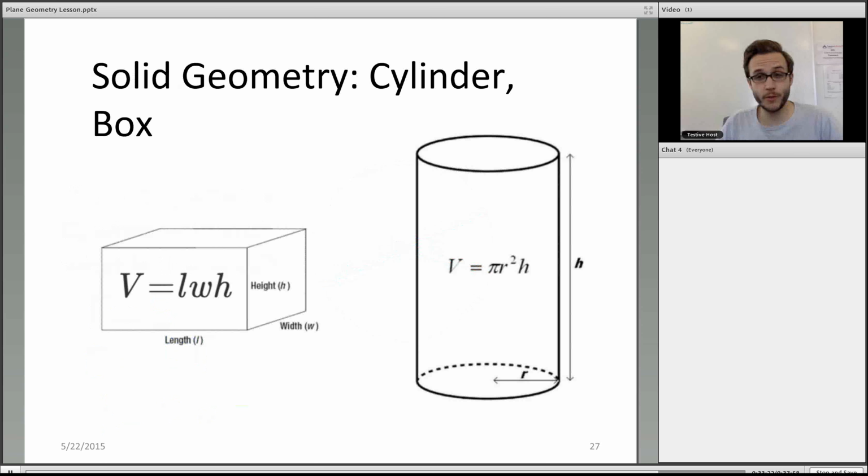Solid geometry. The only thing you need to remember for solid geometry on something like the ACT is that it's just planar geometry extended into one more dimension, right? So if you have the area of a rectangle, we know that that's base times height. Well, the area of a rectangular prism is just going to be base times height, like this, times one more dimension.